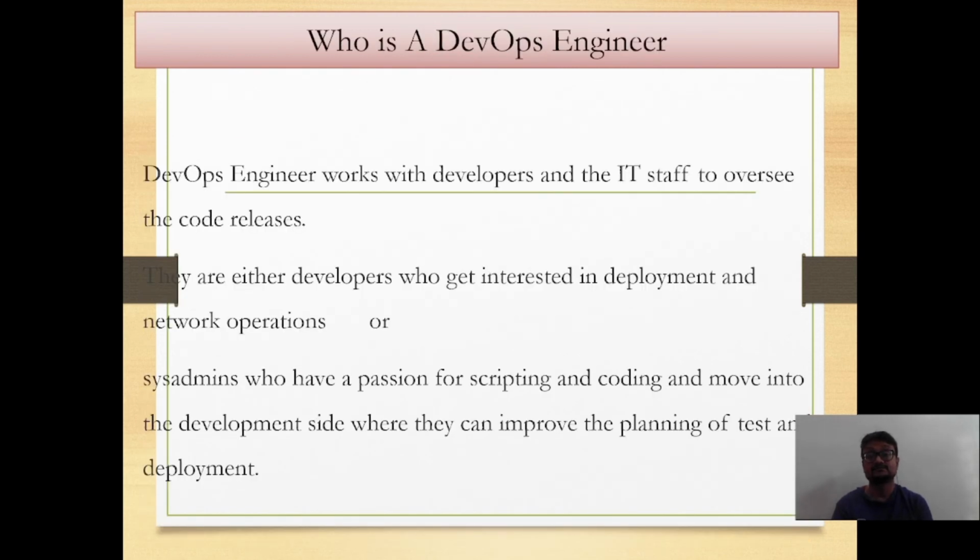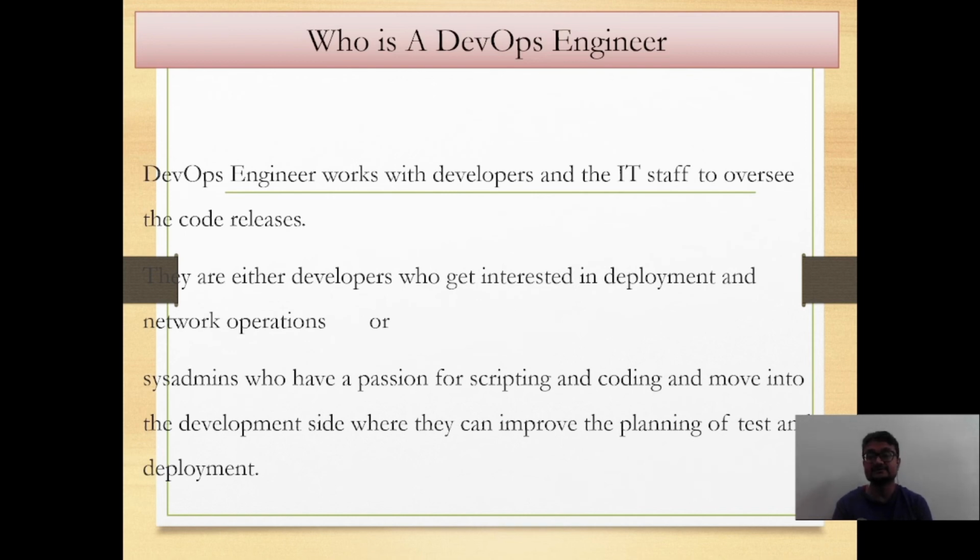So, who is a good DevOps engineer? To become a DevOps engineer, what do you need? The DevOps engineer works with developers and IT to oversee the code release. It can be a developer who gets interested in deployment or network, anyone can be a DevOps engineer.